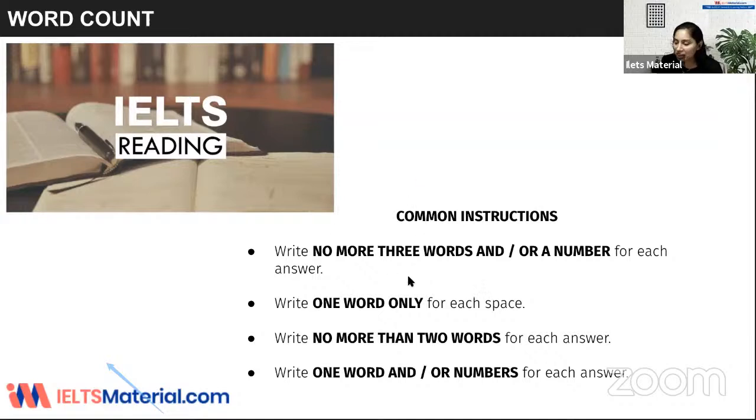So these are the common instructions that you may find in your examination. Write no more than 3 words and or a number. Write 1 word only. Write no more than 2 words. Write 1 word and or a number. You can also have the instruction as not 1 number; you can write many numbers.